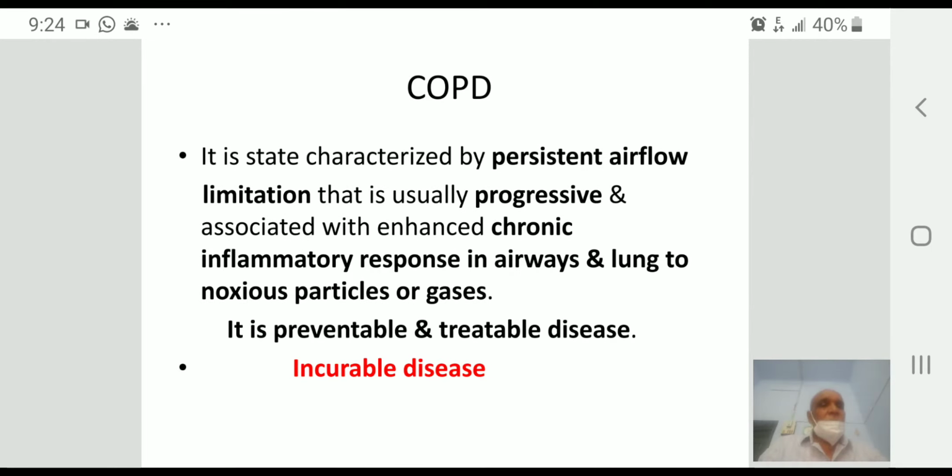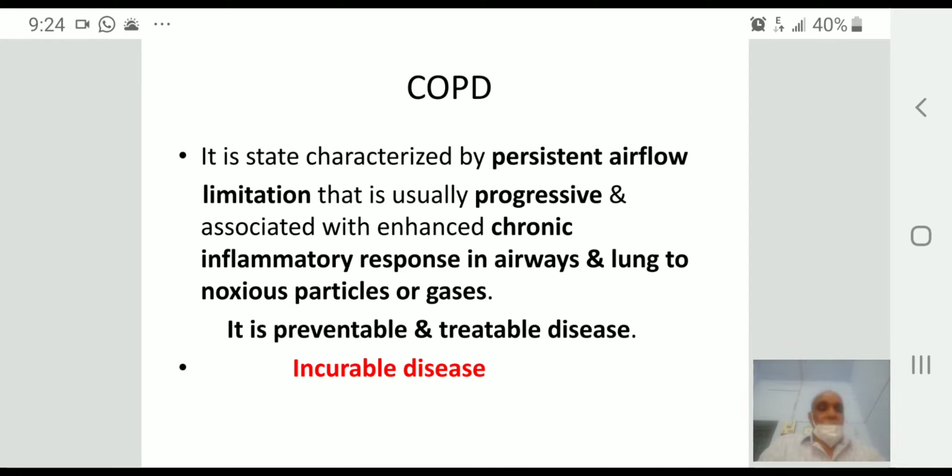Now the definition of COPD. It is a state characterized by persistent airflow limitation that is usually progressive and associated with an enhanced chronic inflammatory response in the airway and the lung to noxious particles or gases. COPD is a preventable and treatable disease, but not curable.